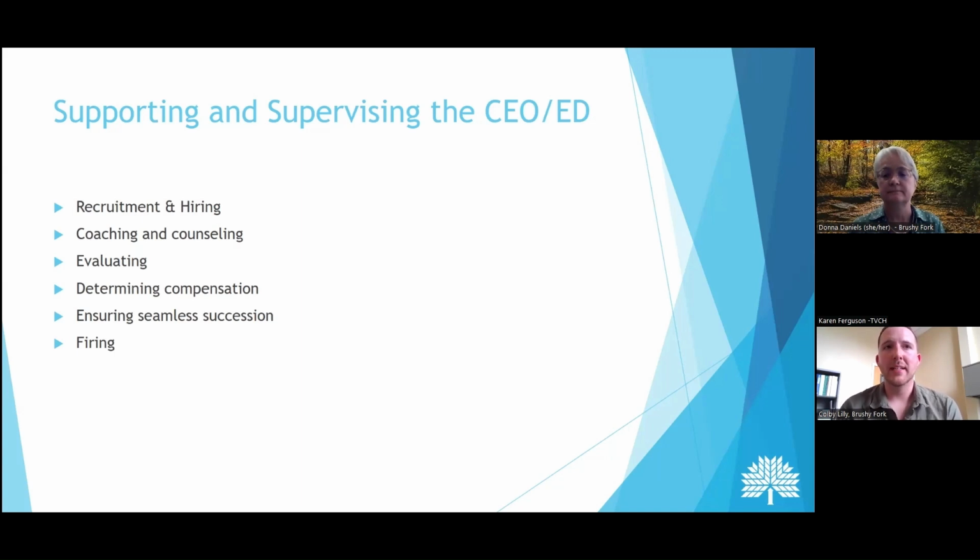The most difficult aspect can be the decision to fire the chief executive. However, the more engaged the board is in its oversight responsibilities, the less likely it is to fire that chief executive. So it is crucial that the board has a good working relationship with their CEO or executive director.